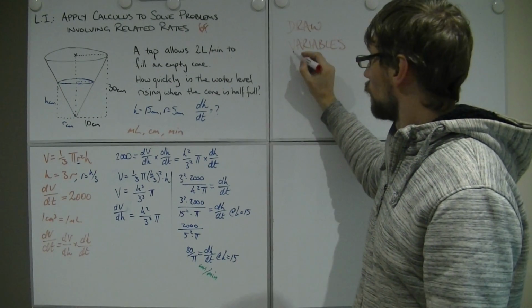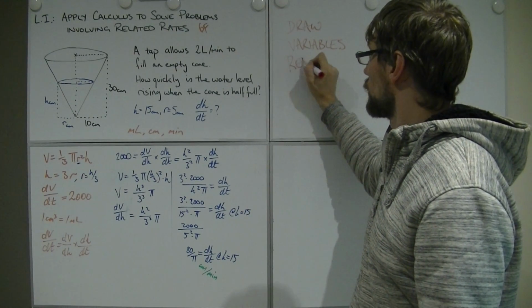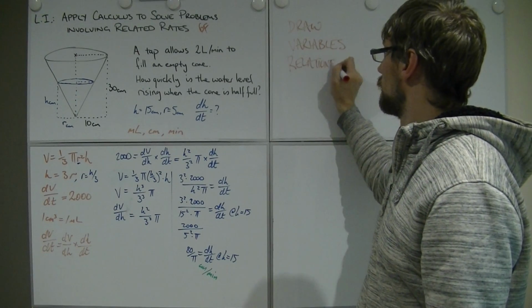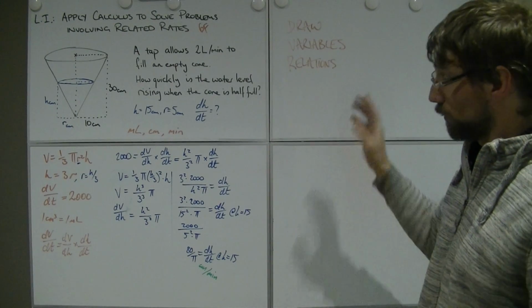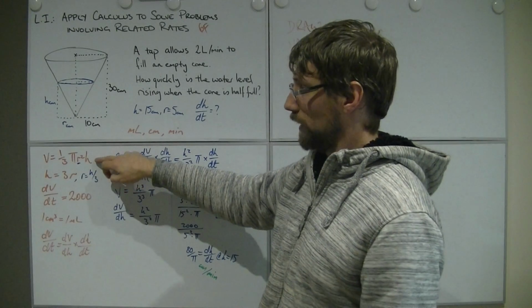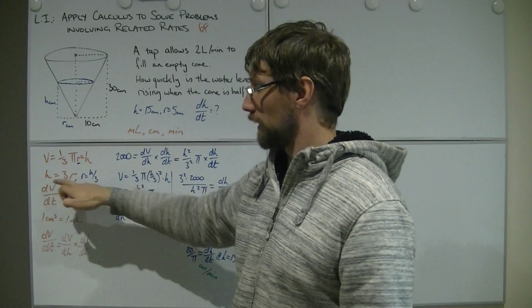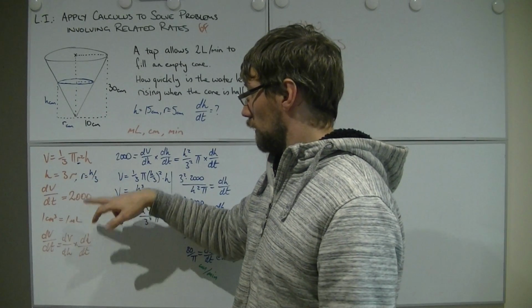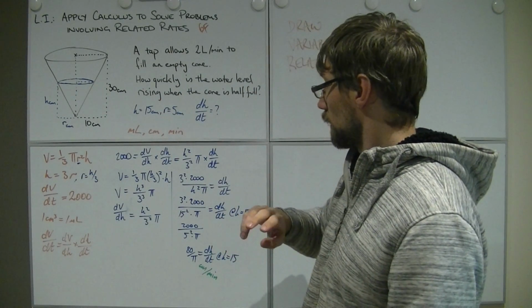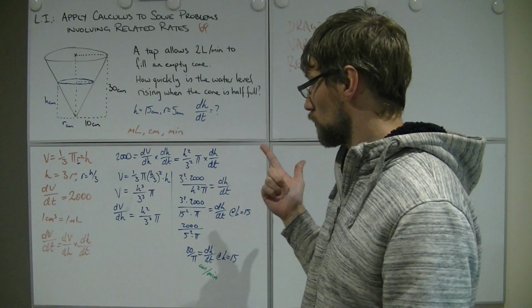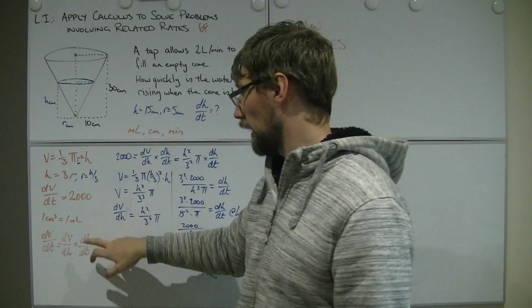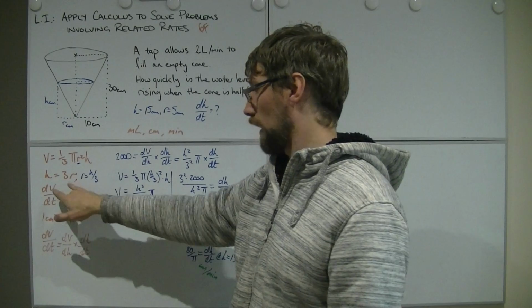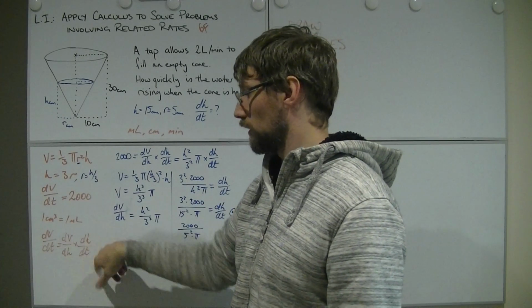Cool. Write down any relationship you've got. So in our case, there was a whole bunch. The volume of this thing mattered. We also found out that h and r are definitely going to be related. And then the last thing was, okay, how do the derivatives of these relate to each other?